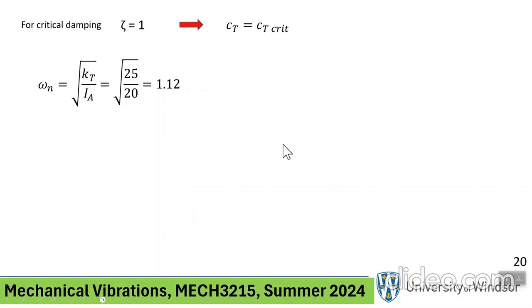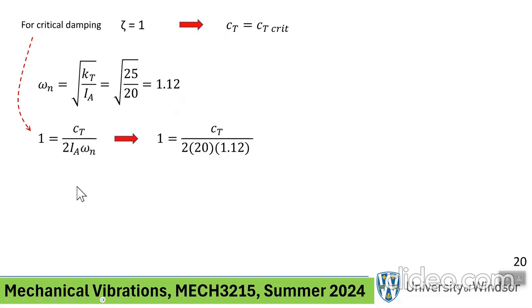Okay, so let's find out the natural frequency. KT was given to us. IA we just calculated a minute ago. It was this. We know there is critical damping here, so zeta is equal to 1. We don't know what CT is. We want to find this; the other stuff we all know, we just calculated it.